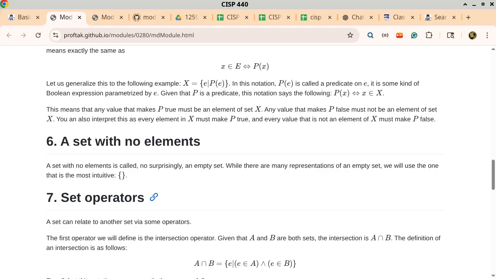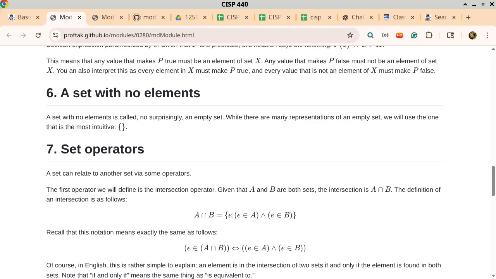So we'll now take a look at intersection. The intersection of A and B is a set where each element E has to meet this criteria. The criteria is E is in A and E is in B. So that's how we read this notation.